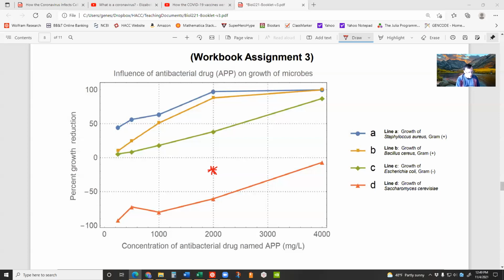Question 5, please give me your prokaryote for question 5. Okay, all right, looks like we're getting some good answers here.